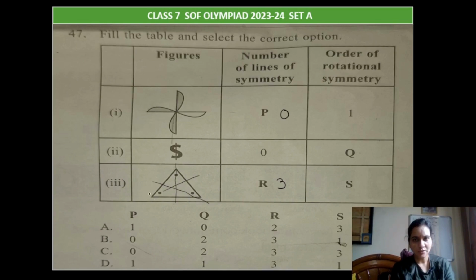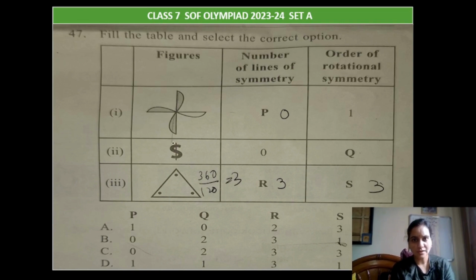One rotation of 120 degrees, it will get back to its original figure. So 360 degrees by 120 will be the order of rotational symmetry, which is equal to 3. So S will also be equal to 3.